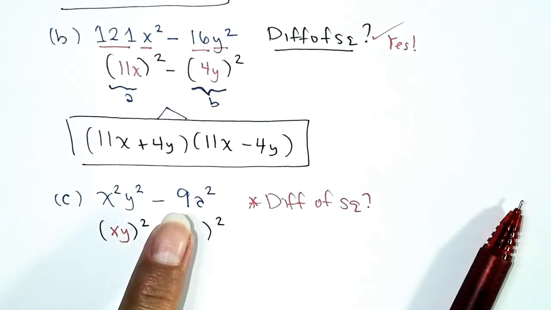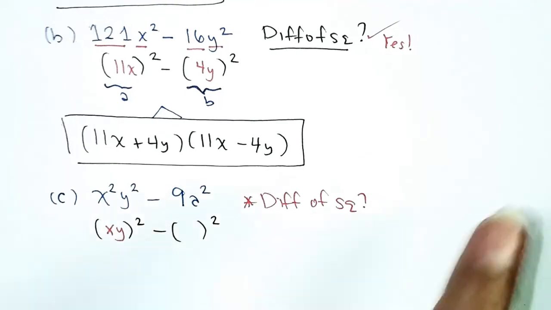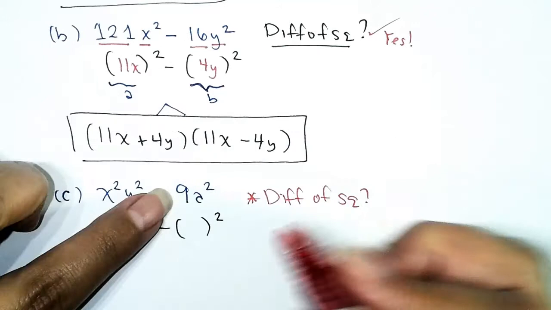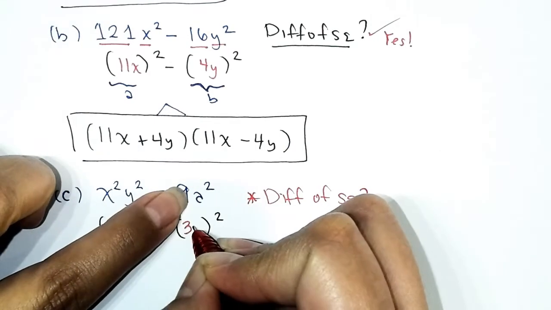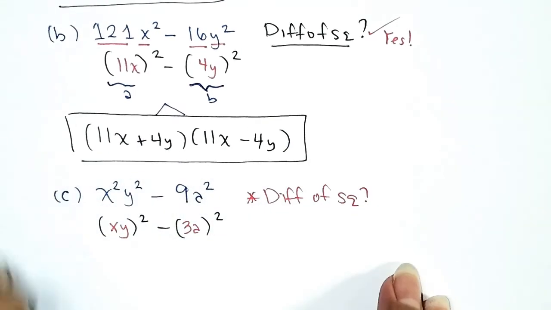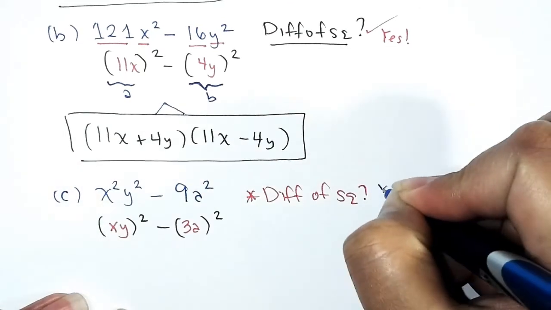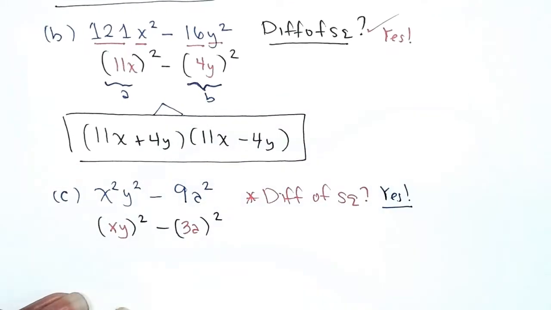Now let's see if we have a perfect square at the end. 9a squared is a perfect square because it's the square of 3 times a, or 3a altogether. So to not let myself be hanging, am I subtracting two square terms? Do we have a difference of squares? And the answer is yes. Okay, formula wise, if this is our question, then this will be our answer.